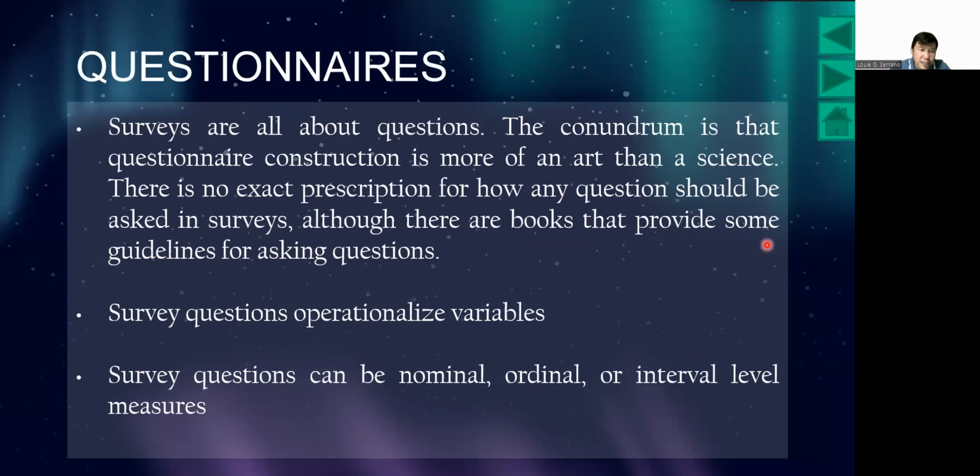So, questionnaires. Surveys are all about questions. The conundrum is that questionnaire construction is more of an art than a science. There is no exact prescription for how questions should be asked in surveys, although there are books that provide some guidelines for asking questions. So yung what is conundrum? So conundrum ito yung problem.